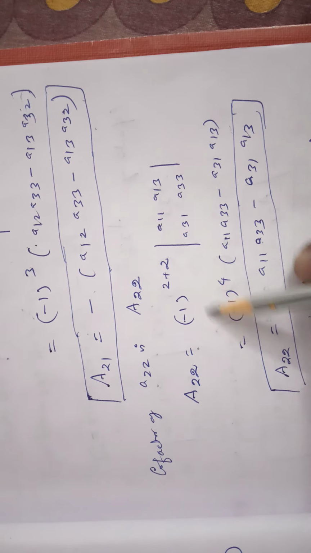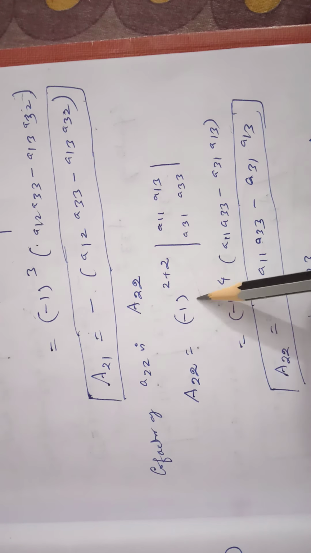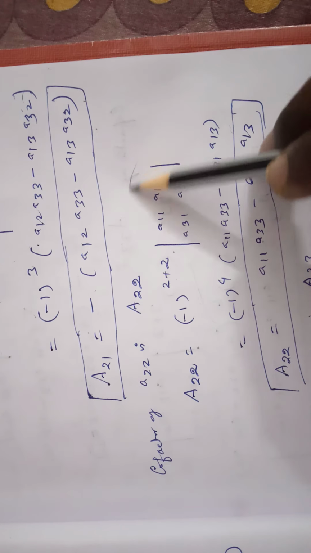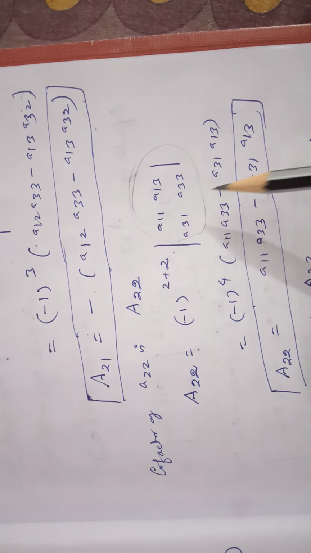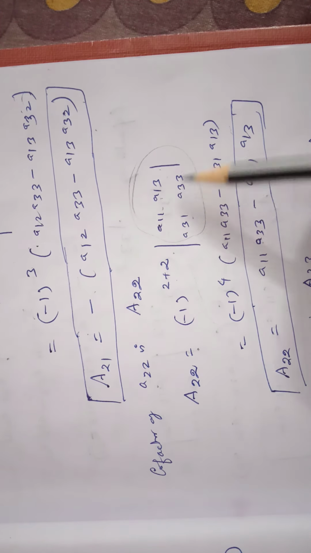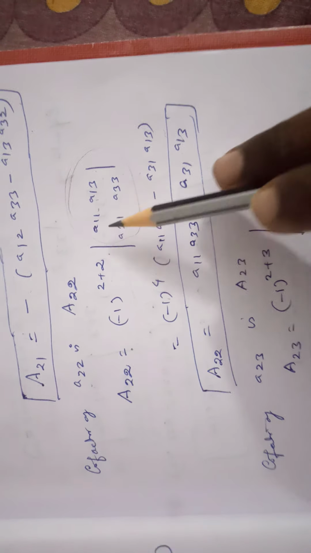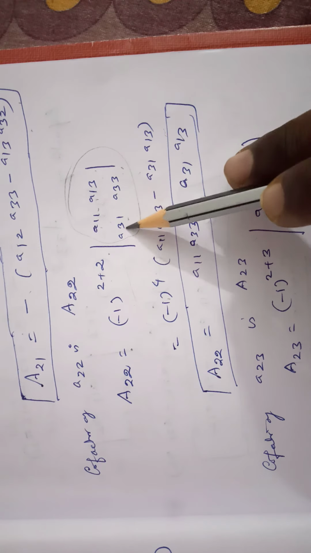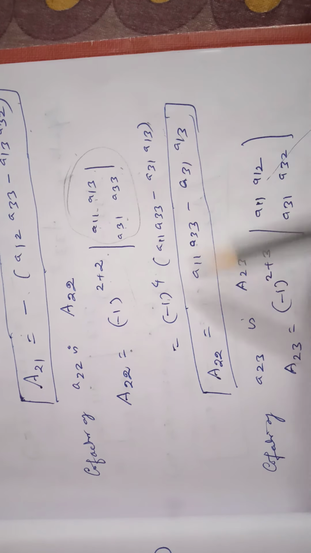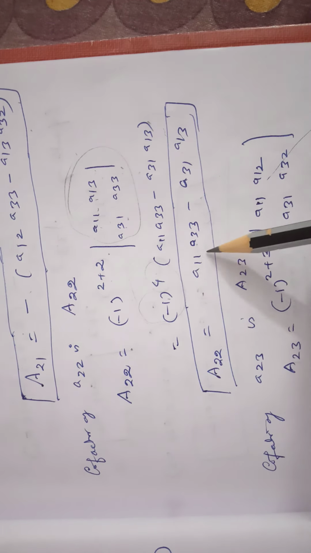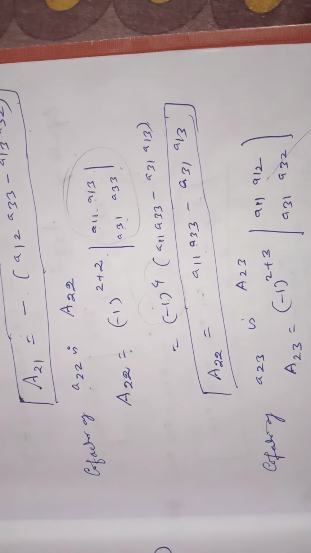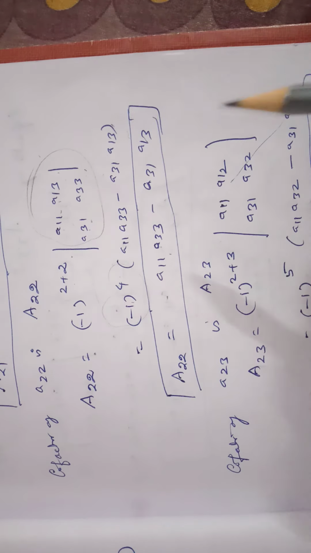Cofactor of A22, second row second column, is minus 1 power 2 plus 2 into the minor values A11, A13, A31, A33. Minus 1 power 4 into A11 A33 minus A31 A13. Minus 1 power 4 is plus 1. So A11 A33 minus A31 A13.